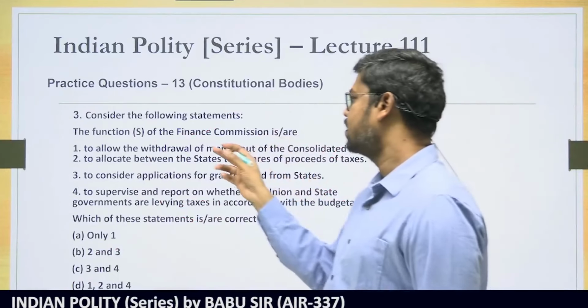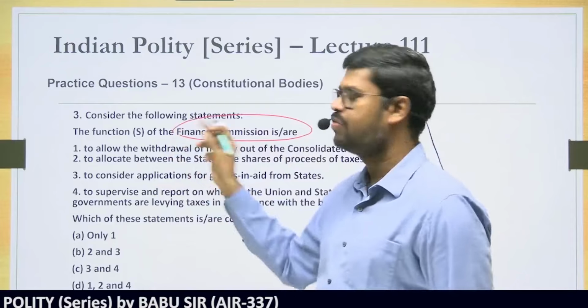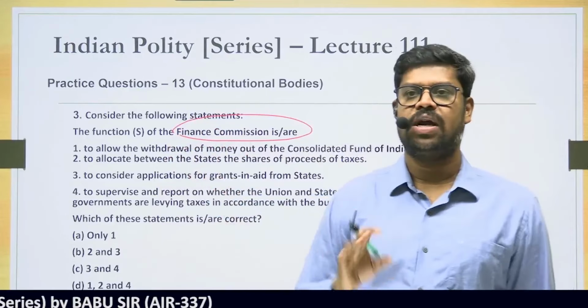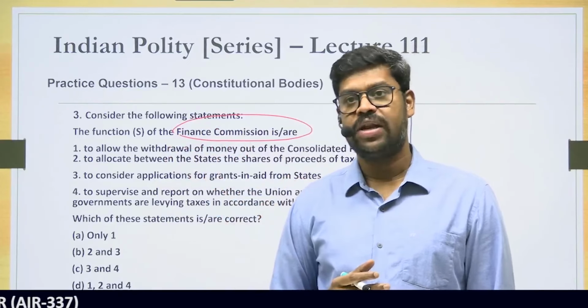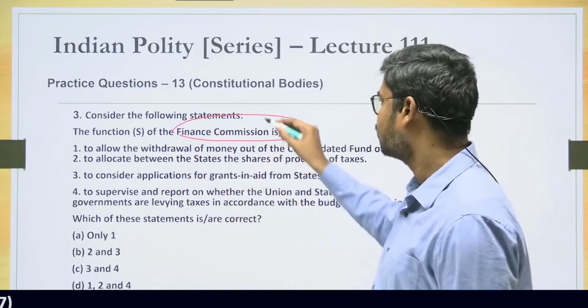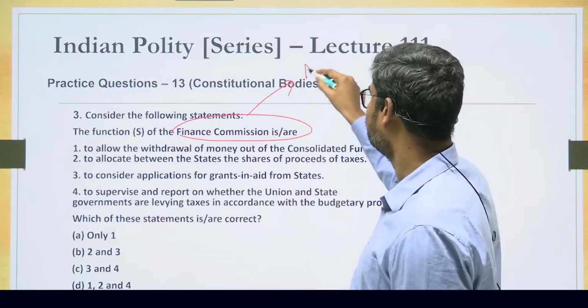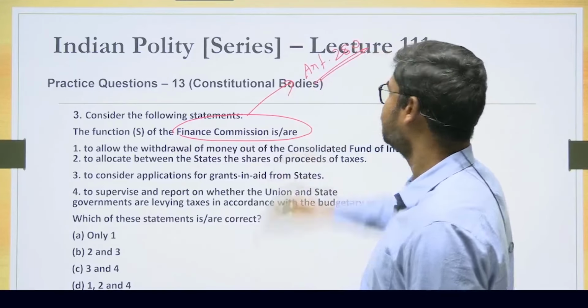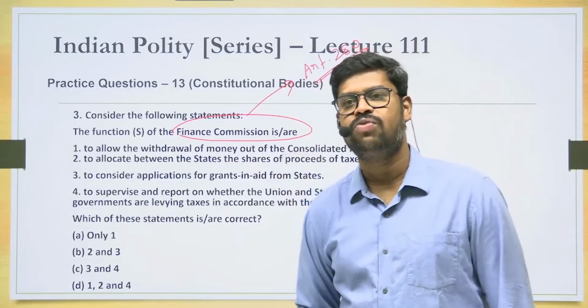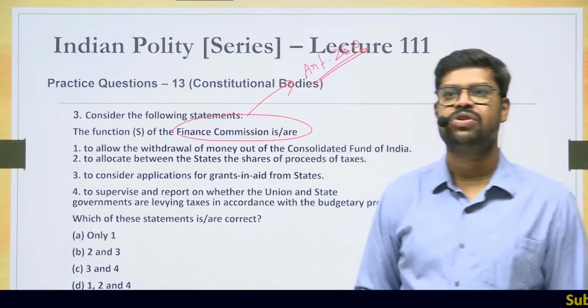Consider the following statements regarding the Finance Commission of India. What is the article based on which the Finance Commission of India is established? The Finance Commission of India is established based on Article 280 of the Constitution. And what is the role of the Finance Commission of India?